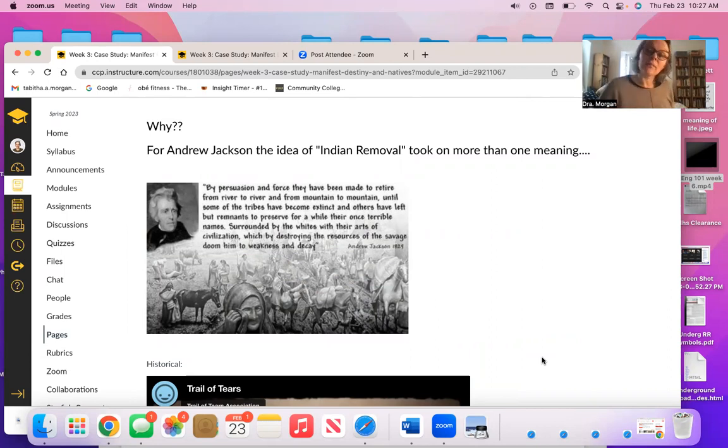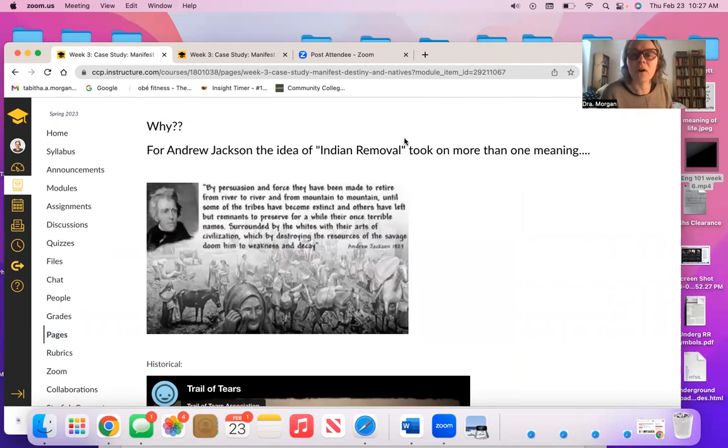He is known to some as being one of the South's heroes. He is known as being an incredible general in the war, General Andrew Jackson. He's known as being a brilliant man. He's also known as the designer of the Indian Removal Act of 1830.